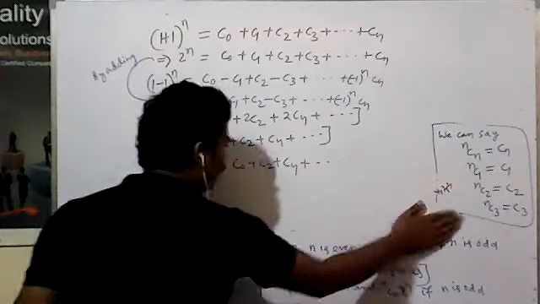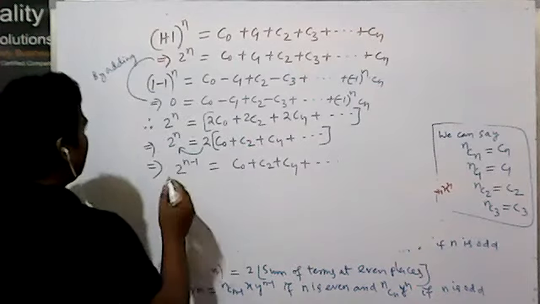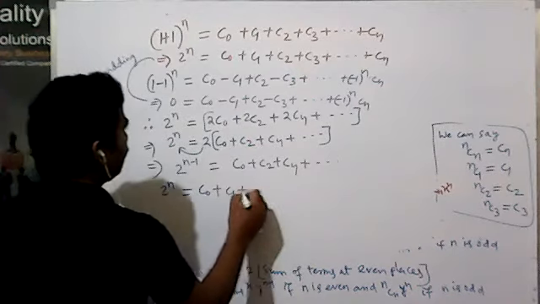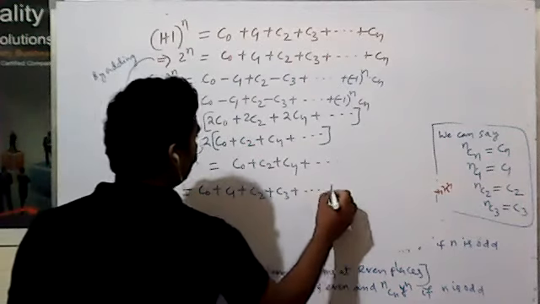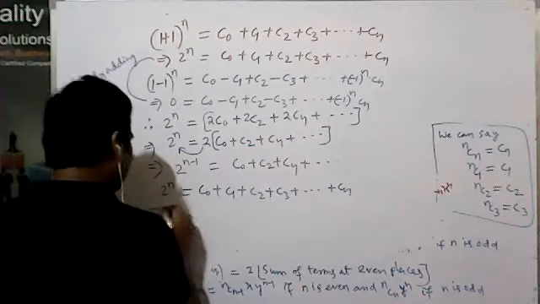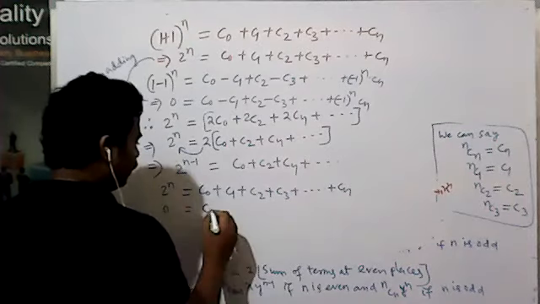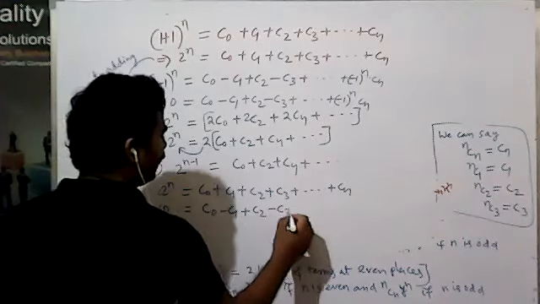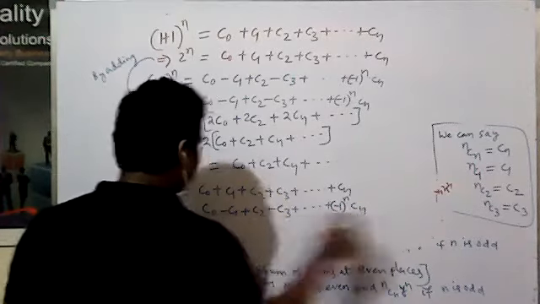If you think about the odd places, if you subtract here, that is 2 to the power n is equal to C0, C1, C2, C3 plus dot dot dot Cn, subtracted by C0 minus C1 plus C2 minus C3 dot dot dot minus 1 to the power n Cn.